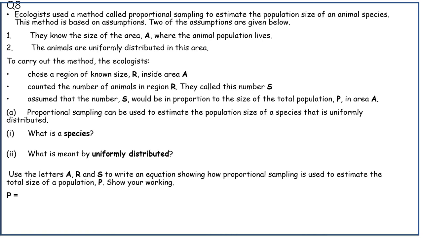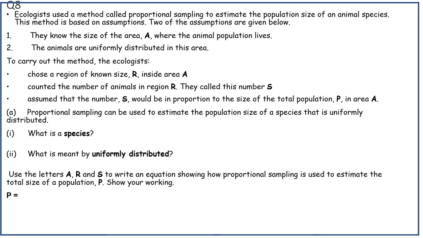To carry out the method, the ecologists chose a region of known size, R, inside area A. They counted the number of animals in region R. They called this number S. Assumed that the number S would be proportional to the size of the total population P in area A. Proportional sampling can be used to estimate the population size of a species that is uniformly distributed.